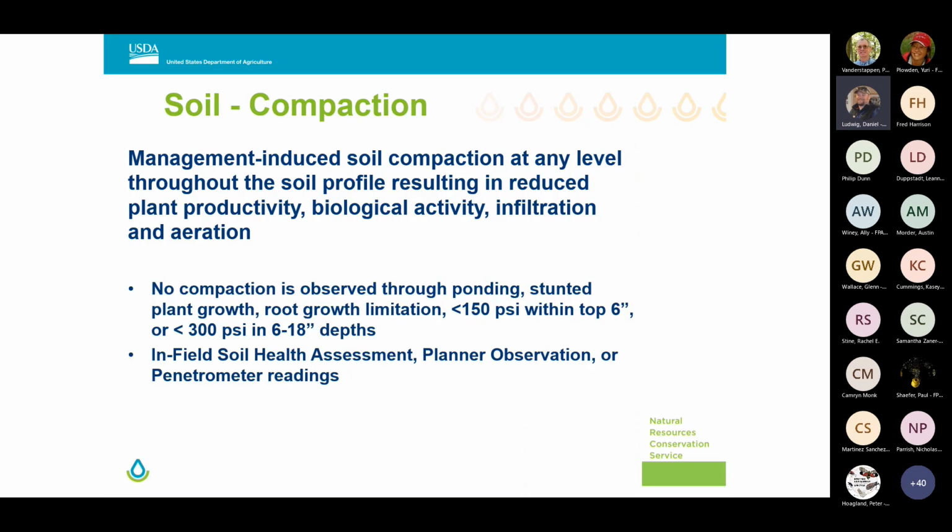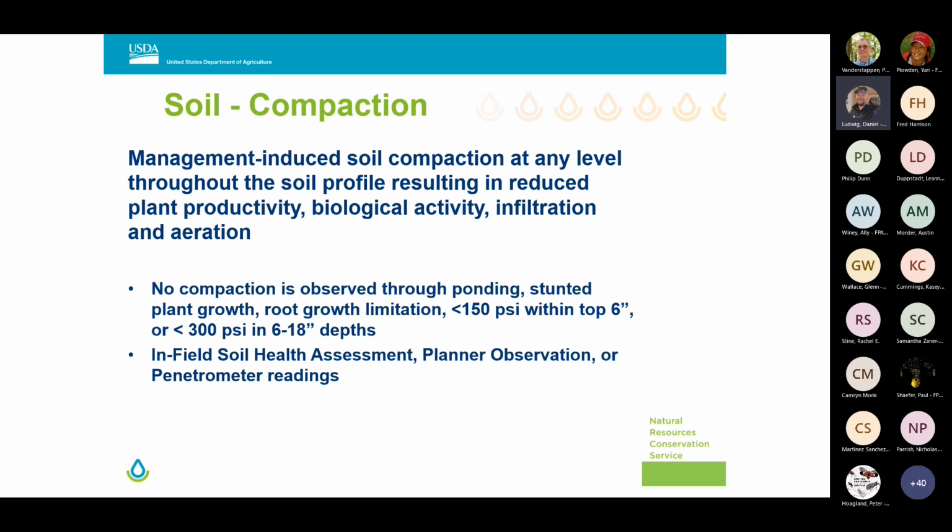Soil compaction. Again, we typically see that. Hopefully we'll get across to everybody next week. As you keep going, the best tool to have in your vehicle is a spade or a sharpshooter. Quickly dig a hole and look for platy soil, but we also have other tools like a penetrometer that we can use to look for those compacted layers. If you haven't used a penetrometer before, we're looking at a PSI rating.